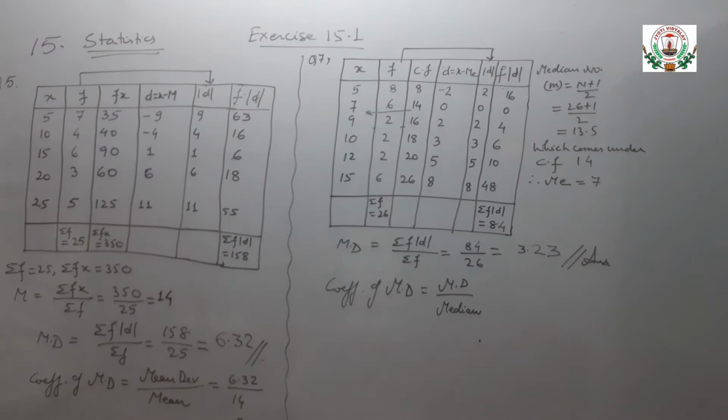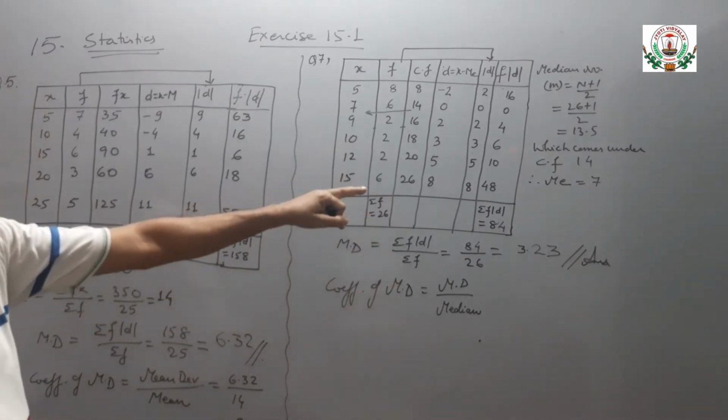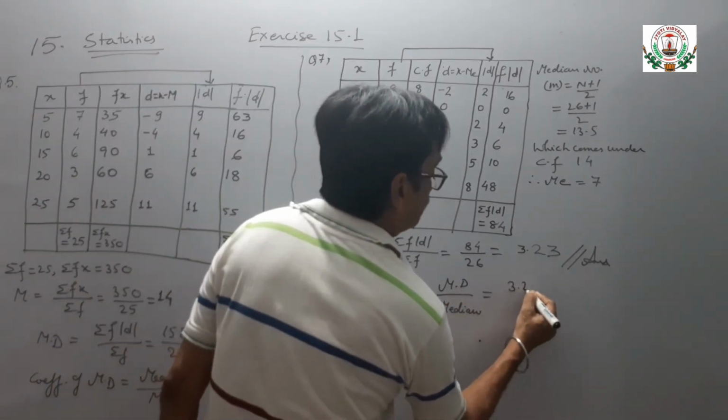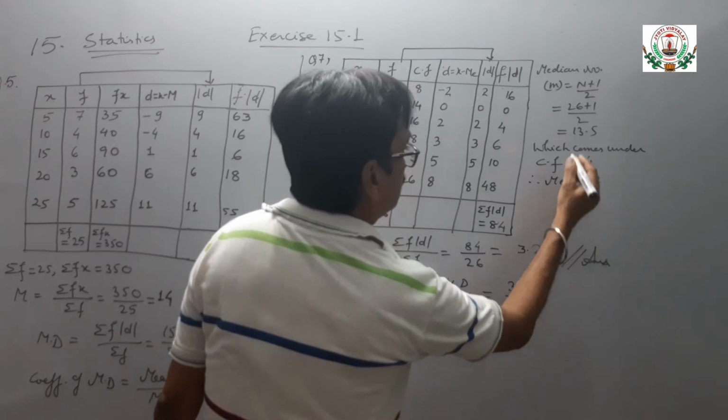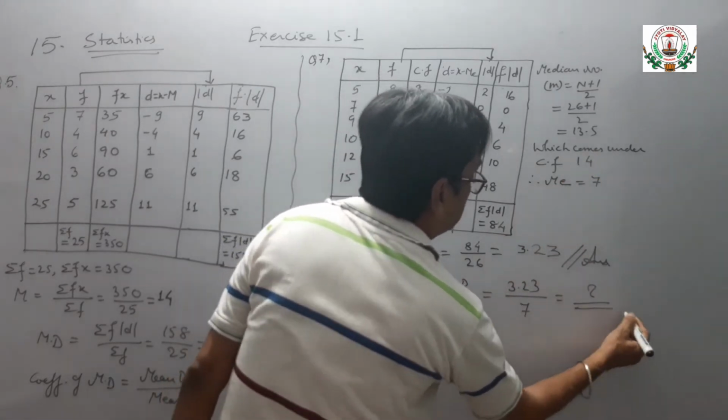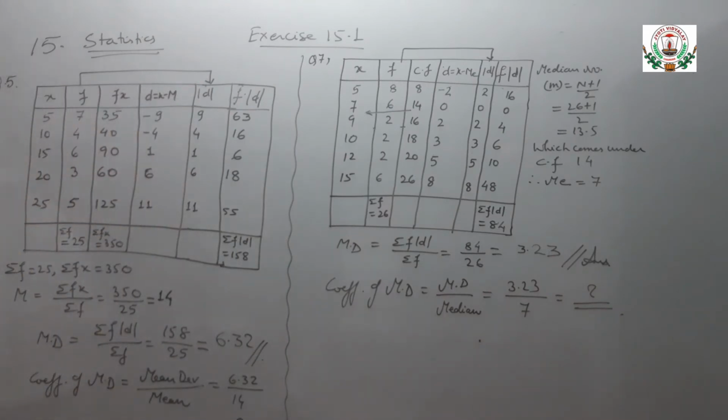That will be your answer for the coefficient of mean deviation. In this case we have calculated the mean deviation by median, so our mean deviation 3.23 upon the median, which is 7. You divide by 7 and whatever you get will be the coefficient of mean deviation.